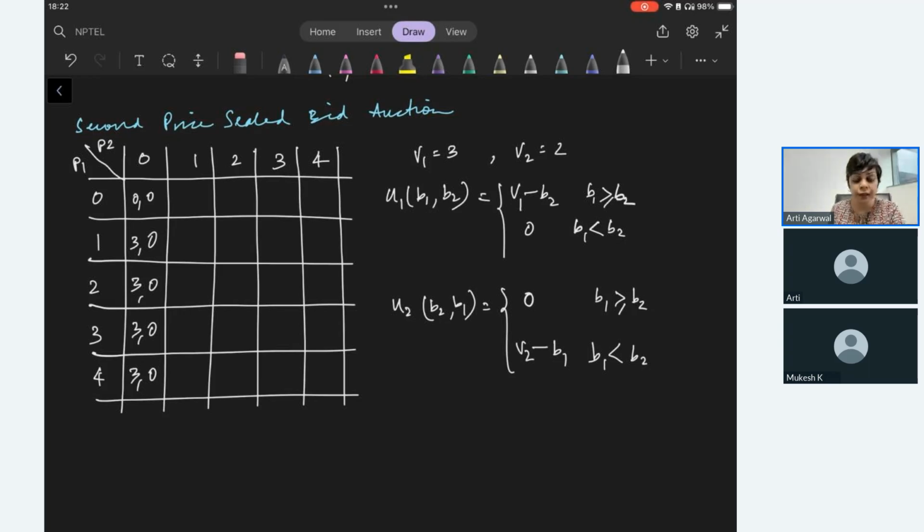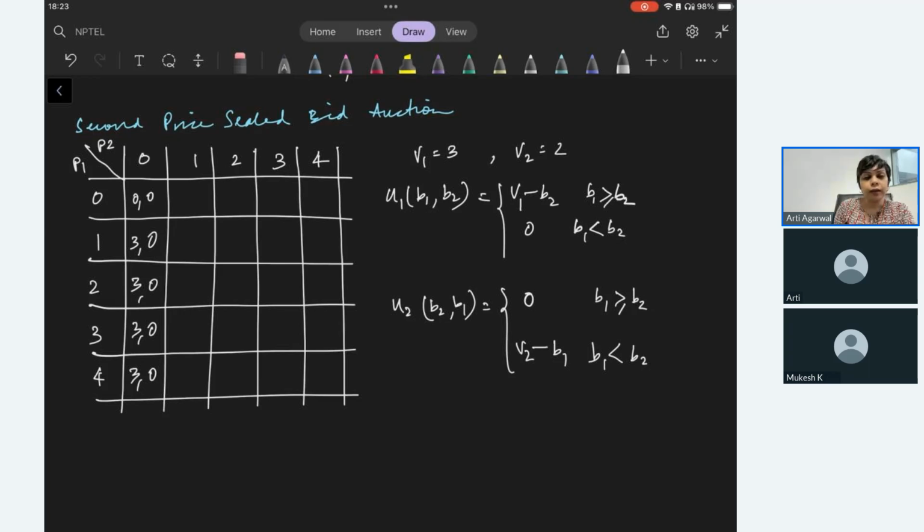You get it? Irrespective of whether he bids 1 or 2 or 3 or 4, the other guy is still bidding 0 and he is still winning. So whatever he bids, in the end, he is going to pay 0 only. So his payoff is 3. Similar logic, if you see the first row, if P1 is bidding 0 and P2 is now bidding something other than 0, then if he bids 1, he wins the game, right?